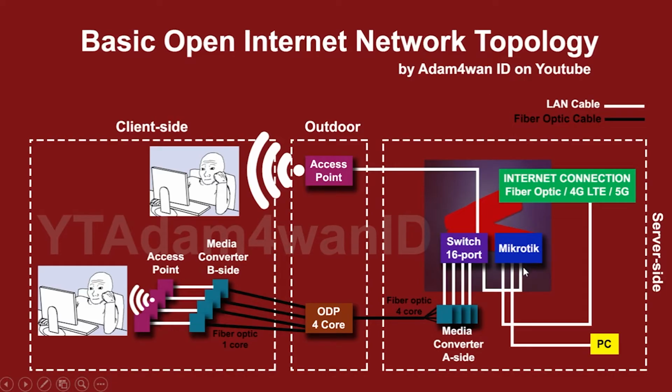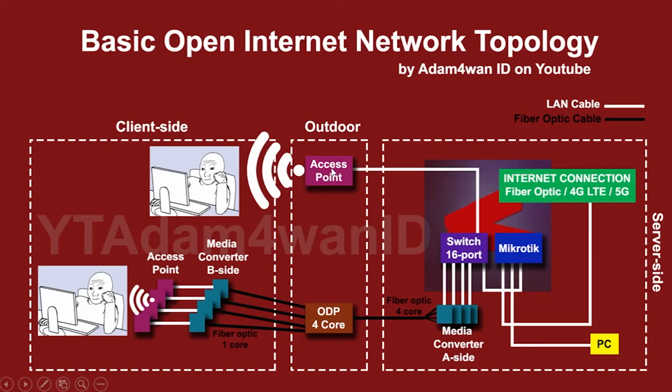You can use port 2 of the MikroTik to monitor the traffic on your open internet network. And port 3 is very important because we use port 3 for hotspot and PPPoA. So what is hotspot? With hotspot, you connect port 3 to port 1 of the switch. I'm using 16 ports for the example, and port 2 is connected to the access point outdoors, and from the access point this connection is using hotspot, right?